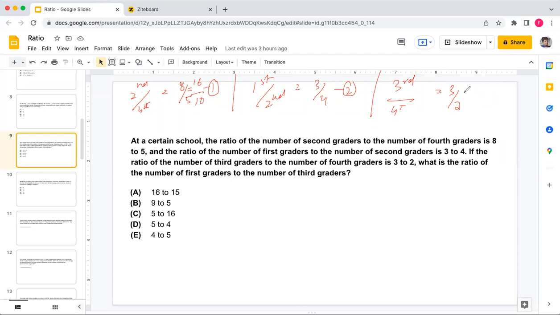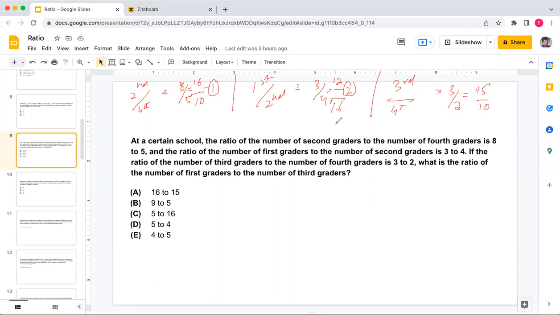And if I multiply this by 5, this will become 15/10, right? Now, 4 is common in both. Now see, for second we have 16, and for second we have 4. How can I come up with 16 here? If I multiply this by 4, this will become 12/16, right?